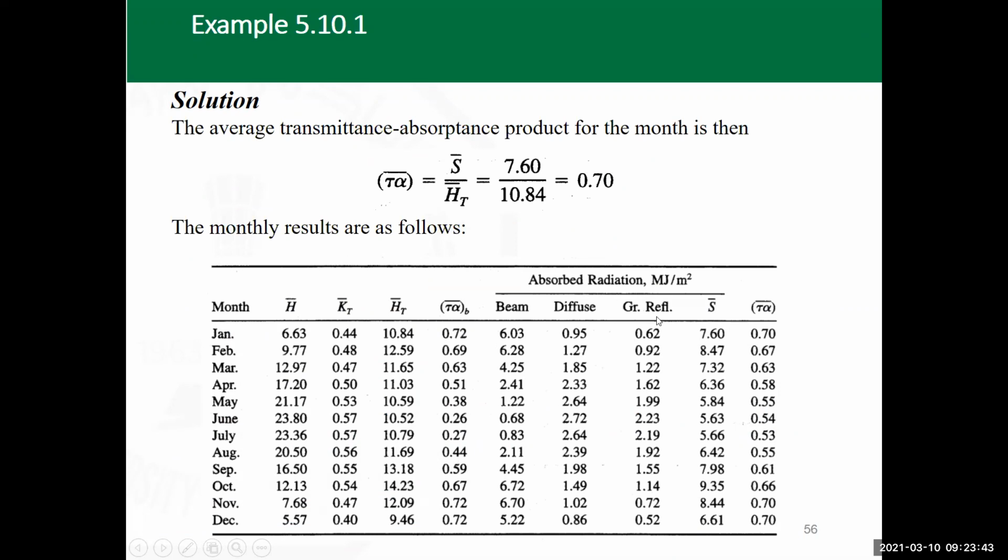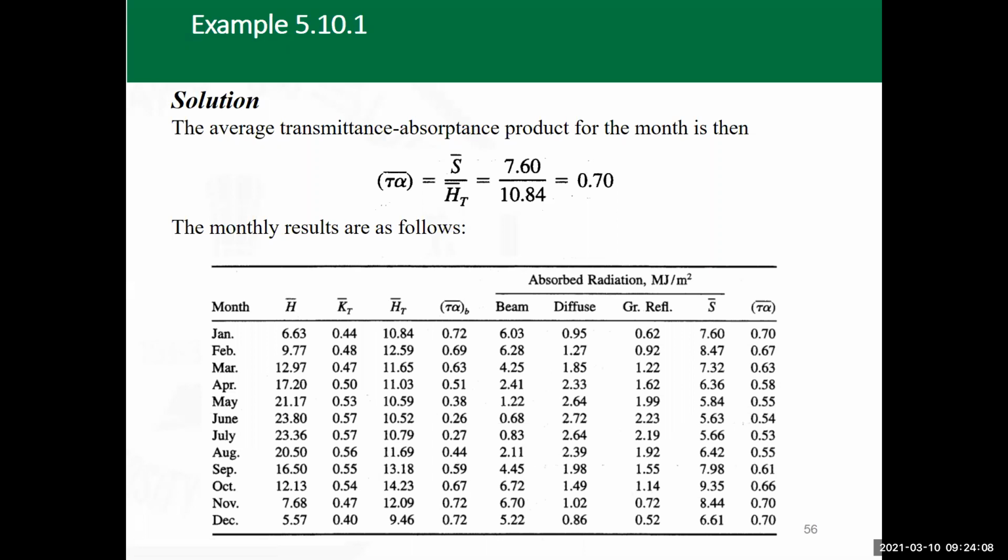As you can see here, what changes from one month to the other is tau alpha beam, because this one depends on the figure that we have seen, figure 5.10.1, which shows that this is a function of the month. Other than that, the values that we have obtained for tau alpha for the diffuse radiation and the ground reflected radiation are going to remain the same.